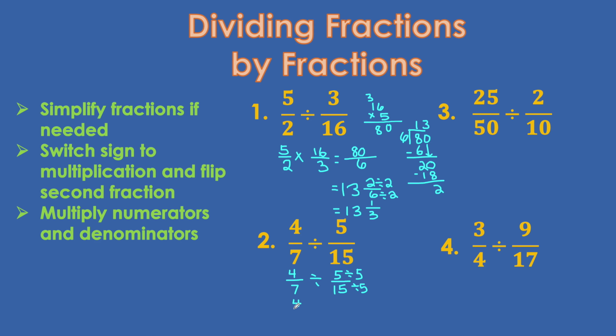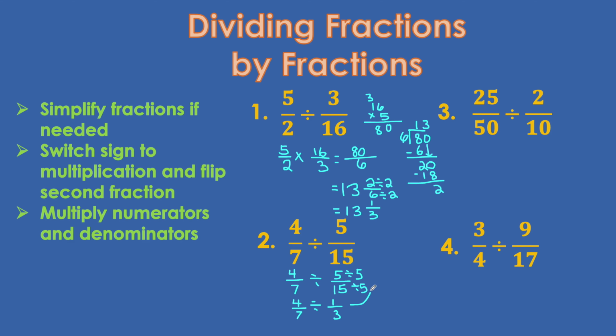We have 4/7 divided by, so don't change this division sign yet. 5 divided by 5 is 1. 15 divided by 5 is 3. Then once you have simplified, then you can switch the sign.